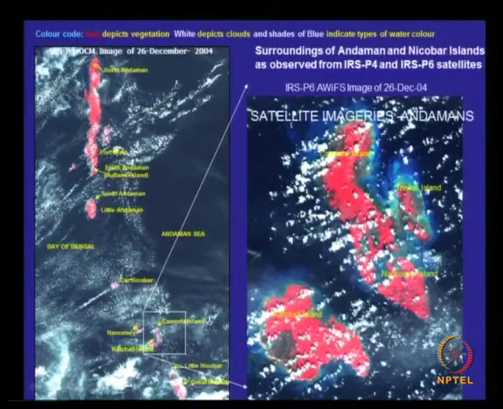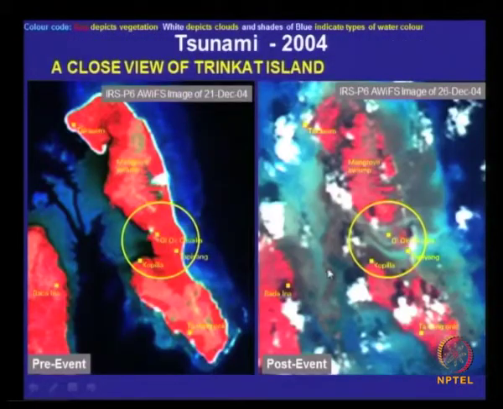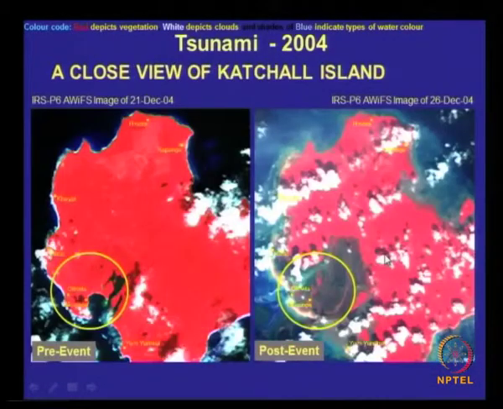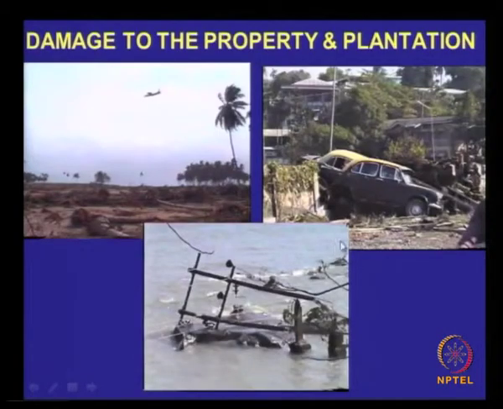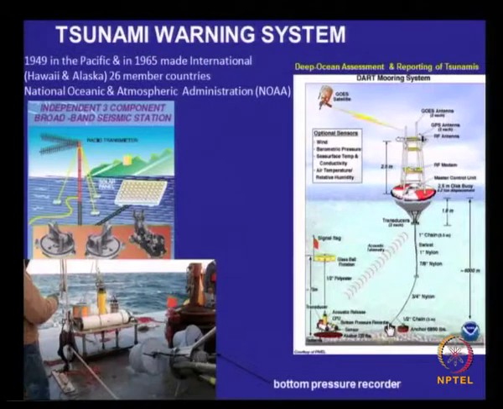Some of the cloud imagery is not clear, but look at this. This is the one which completely cut the entire island. One piece of the island is almost devastated. Such information can be obtained from satellite imagery, and this is damage to the properties.